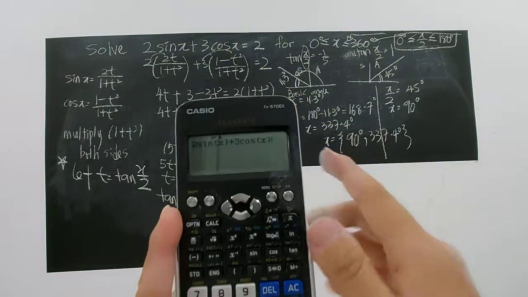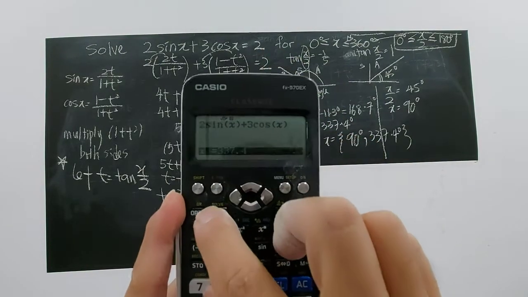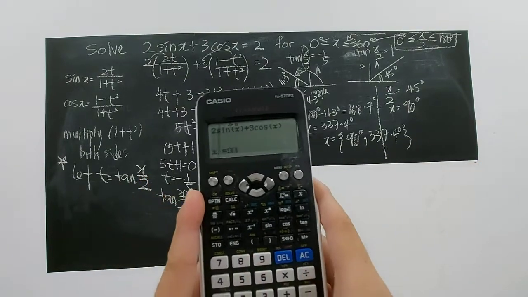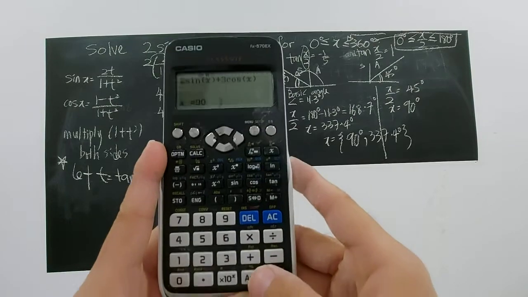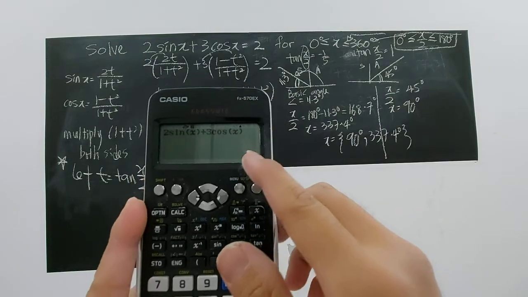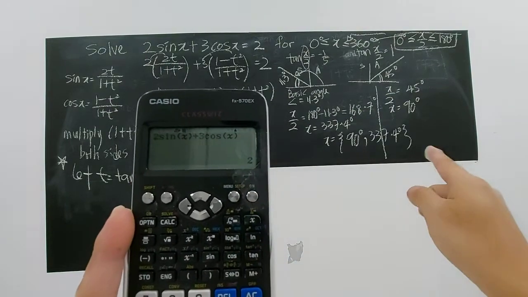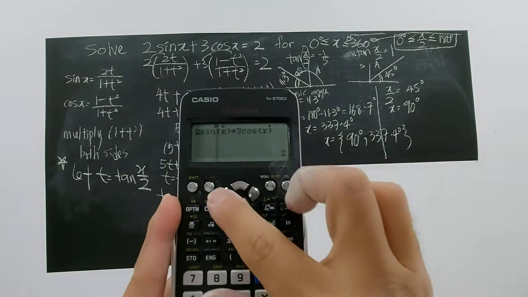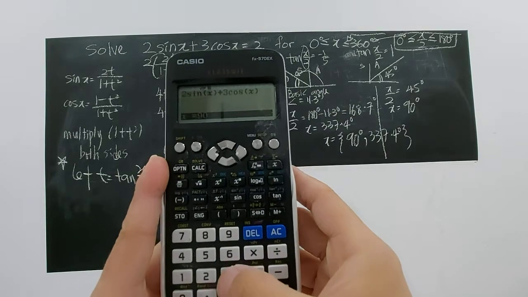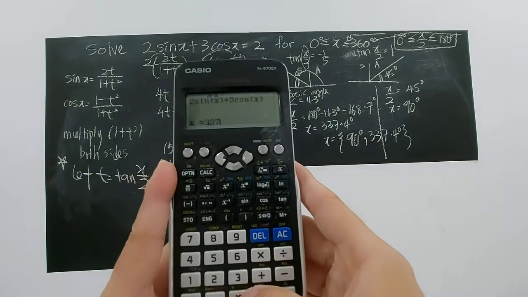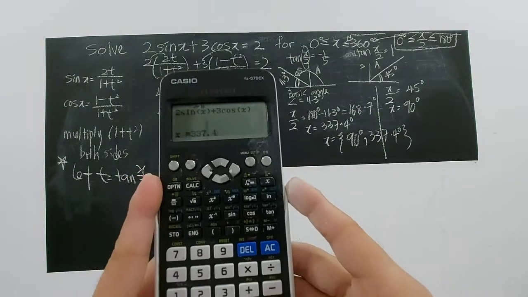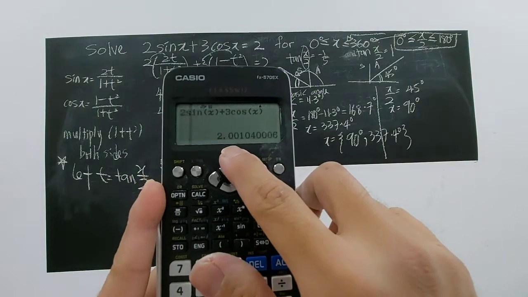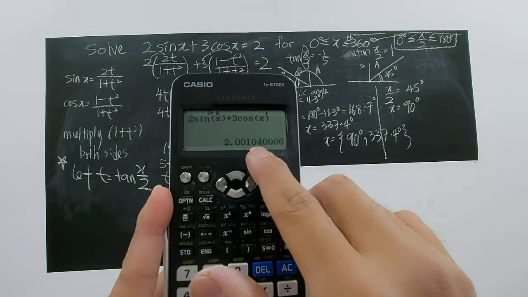So how is it? You press calculate, CALC, then you key in 90, then you press equal. Can you see you got 2? You got 2, so you are very sure that 90 will be your answer. Now if you calculate again with 337.4, you will get slightly, not exactly 2, but 2.00104.